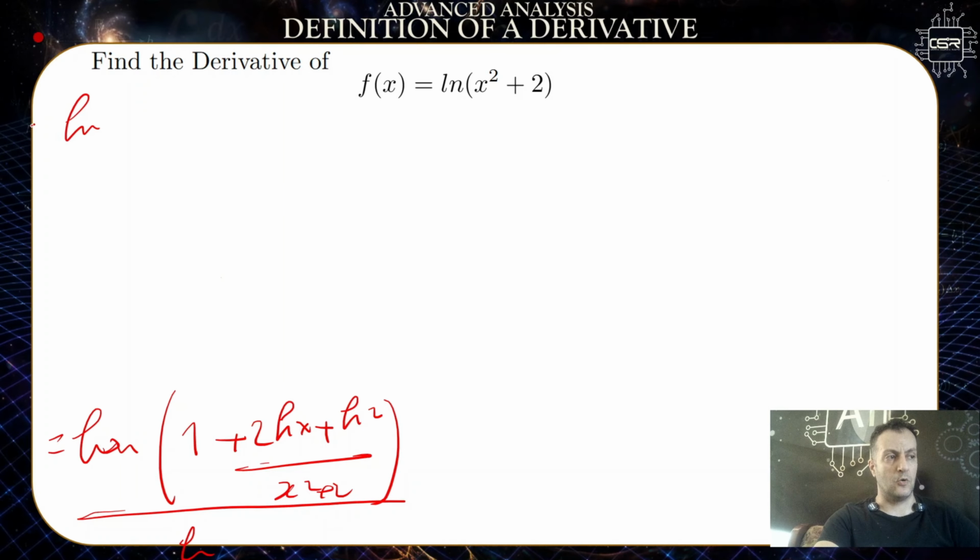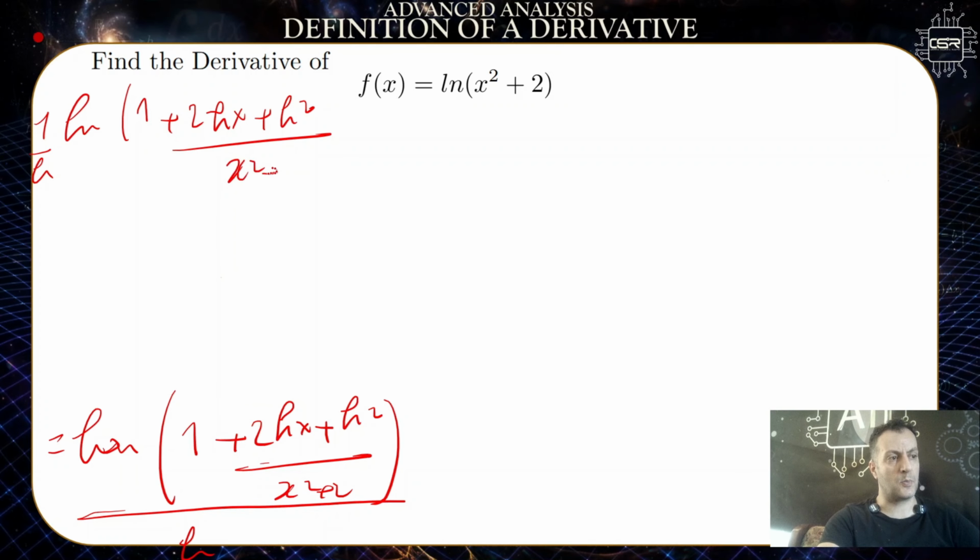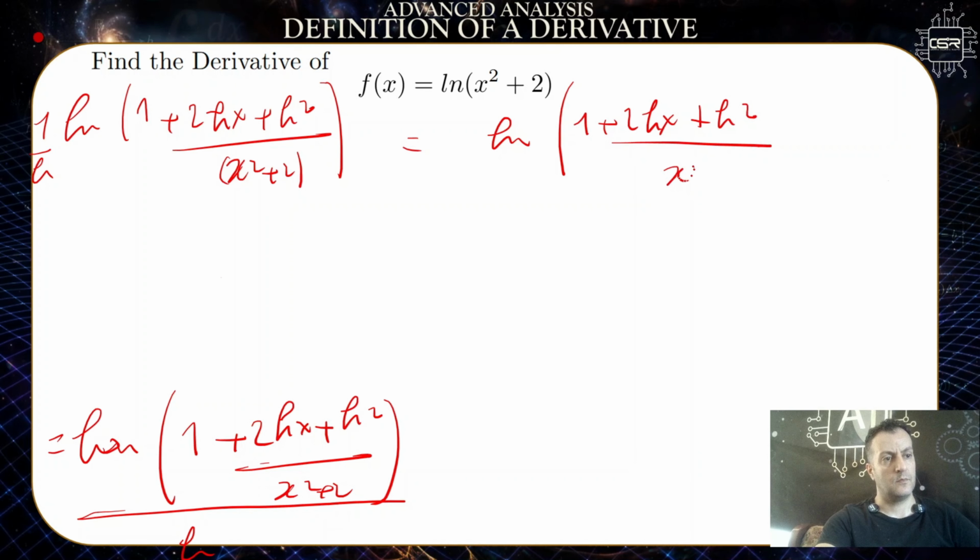So it is 1 over h ln of 1 plus 2hx plus h squared divided by x squared plus 2, equal to ln of all of that to the power of 1 over h.